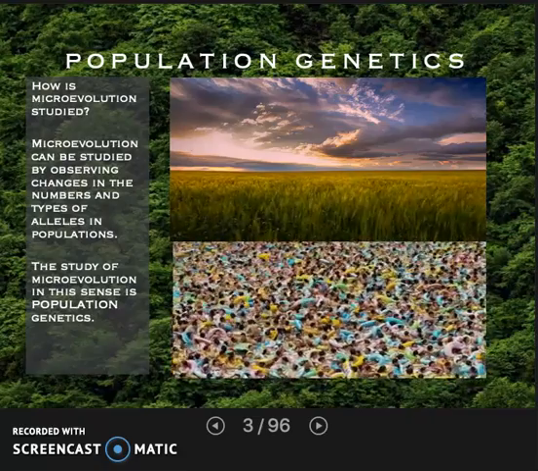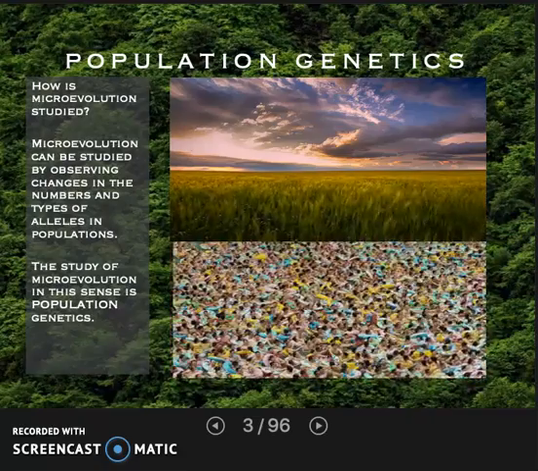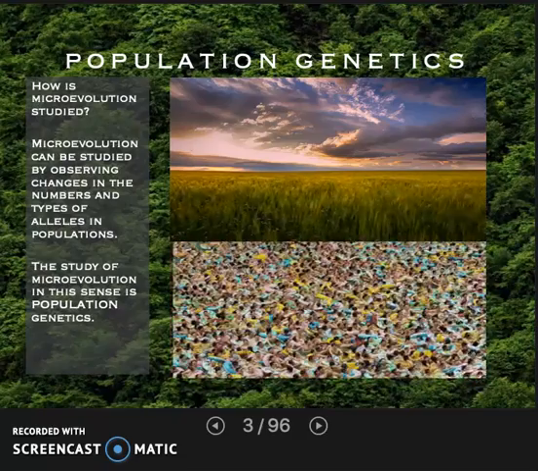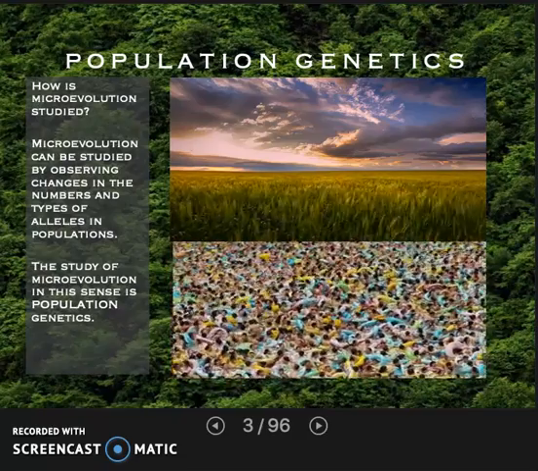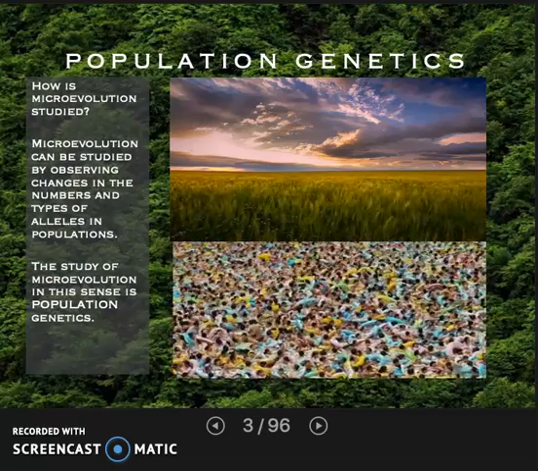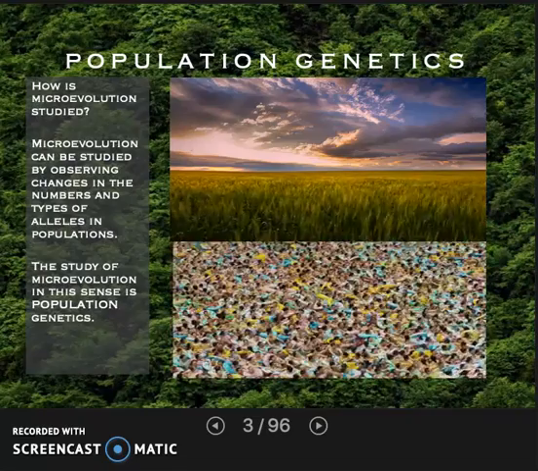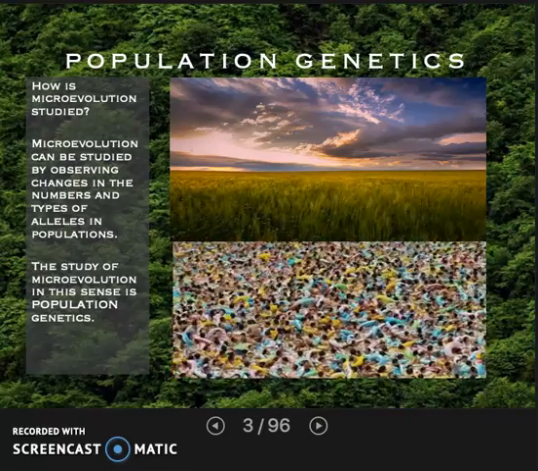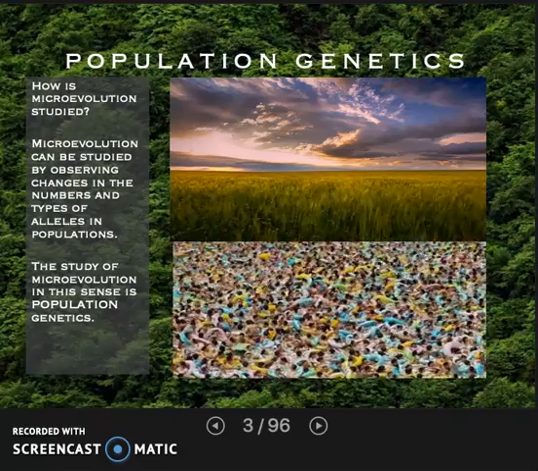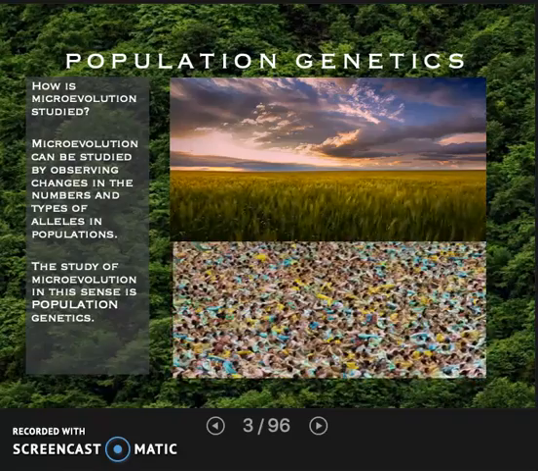And remember, we said that there's two alleles for eye color, brown or blue. We know that's not true, but we're going to go with that just for simplicity's sake. And so we can look at these changes in the brown allele or blue-eyed allele in populations and make assumptions about what's happening at a genetic level, how a population might be evolving.